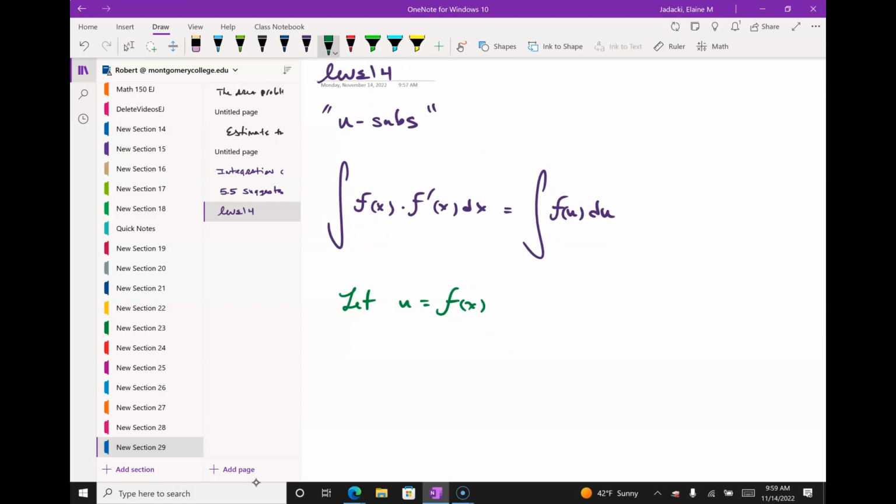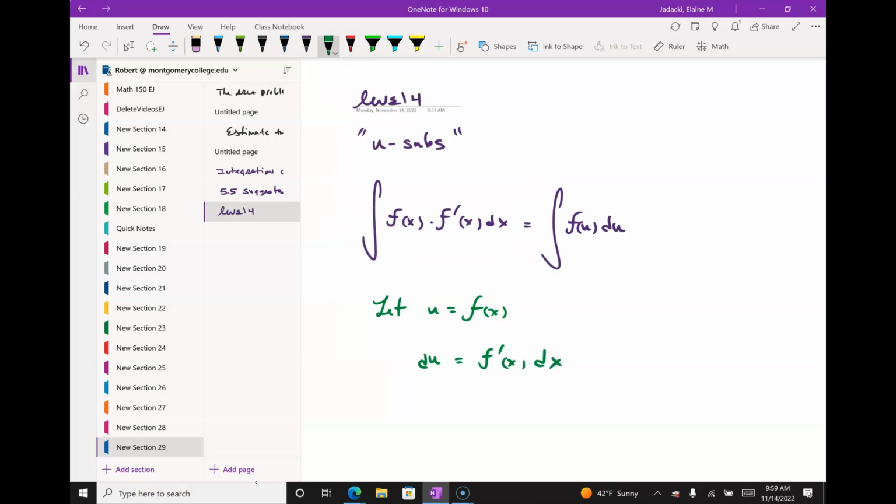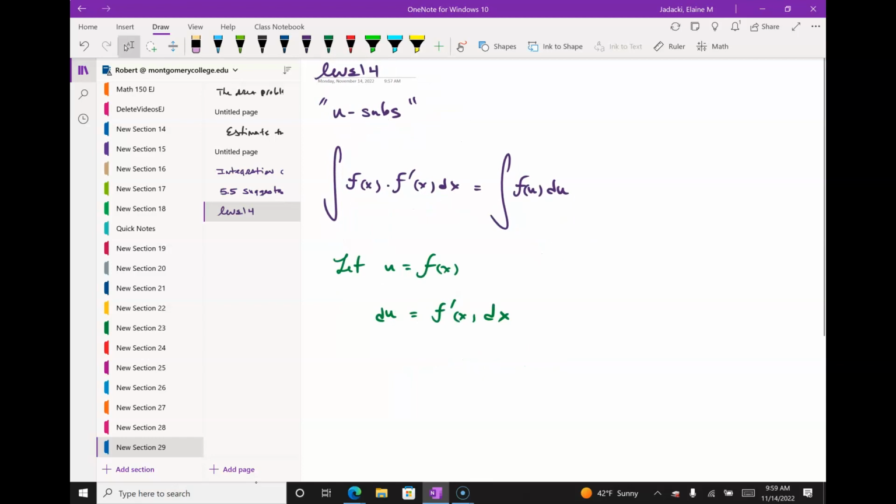On the left side we're going to get du, and on the right side we're going to get f prime of x dx. Let me go back a step, okay? So I'm going to visualize a function and its derivative. I'm going to see it, right? And I'm going to let u be the function, and then I'm going to differentiate both sides.